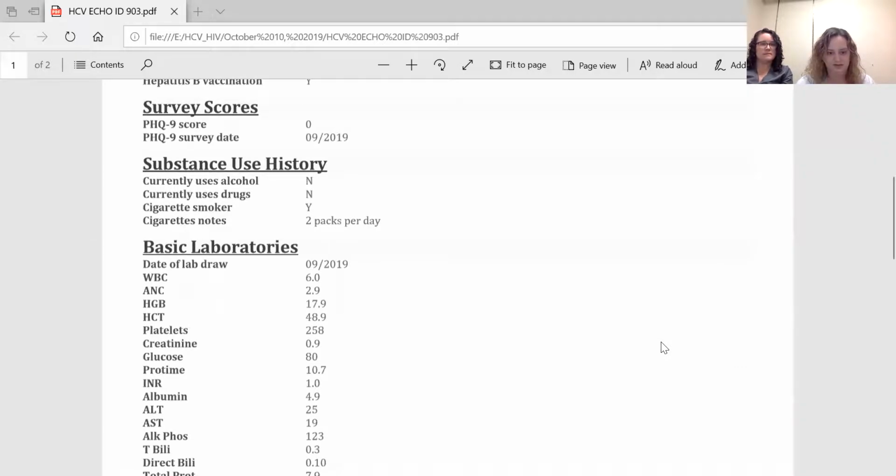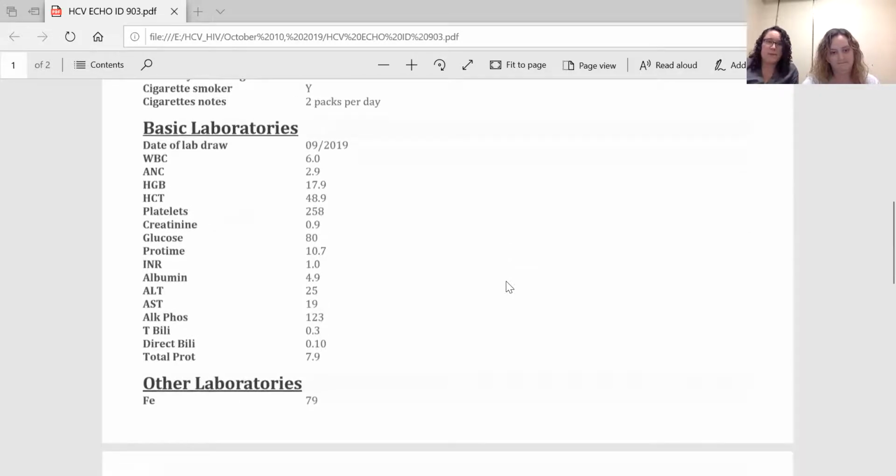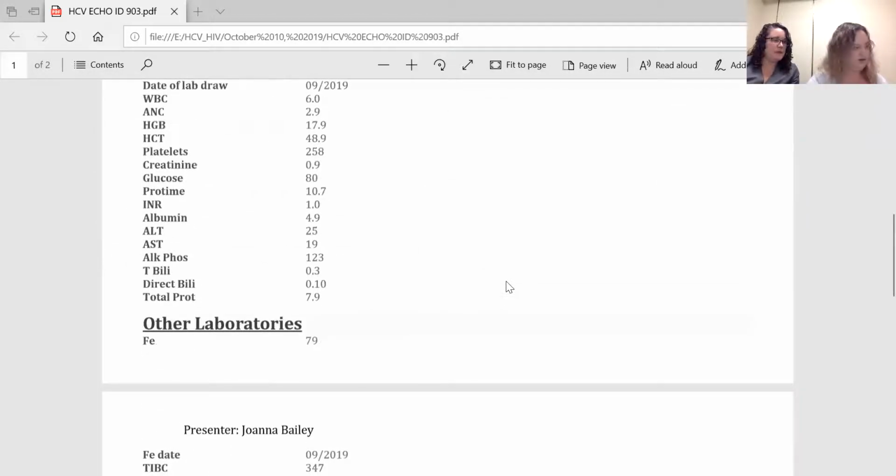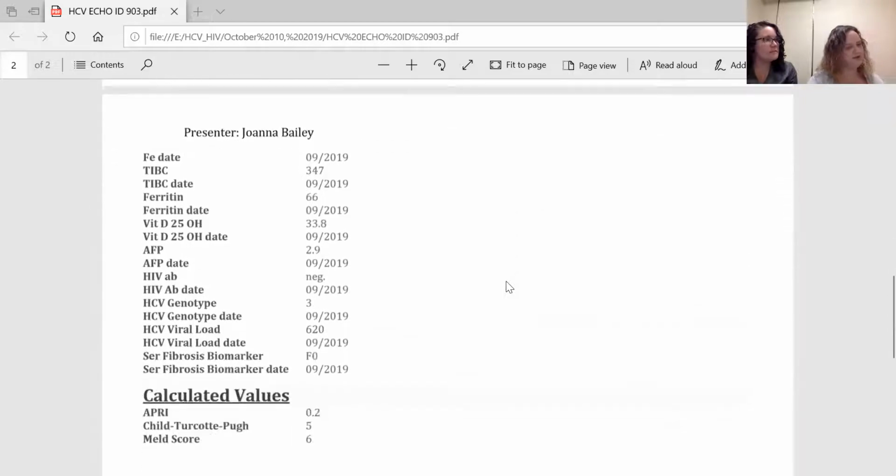Any particular labs you want mentioned? No, I think his labs were pretty straightforward. His viral load, if I remember right, was relatively low. Yes, it was 620, which is super low.